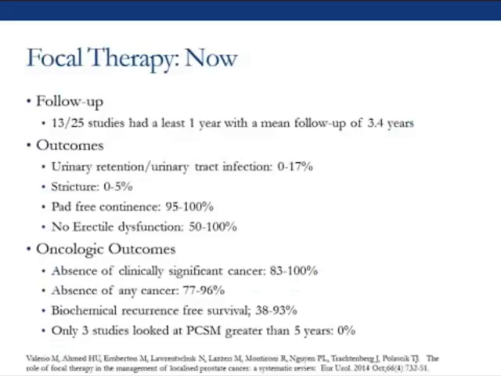And then if you broke that down to absence of any cancer at all, then that range varied from 77 to 96%. When looking at biochemical recurrence-free survival, that ranged in years follow-up from 1 to 8, I believe, and the range varied from 38 to 93%. But defining biochemical recurrence in focal therapy is hard to do because you're not treating the entire gland. And then only 3 studies looked at prostate cancer-specific mortality greater than 5 years, and for those three studies, it was 0%.